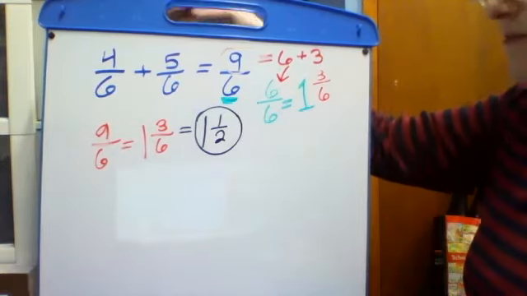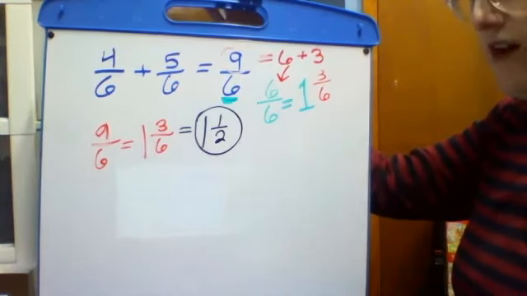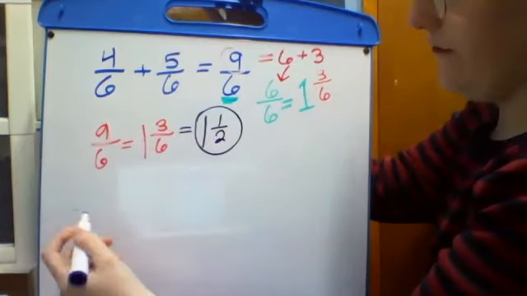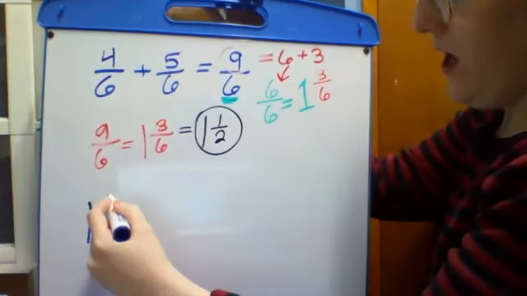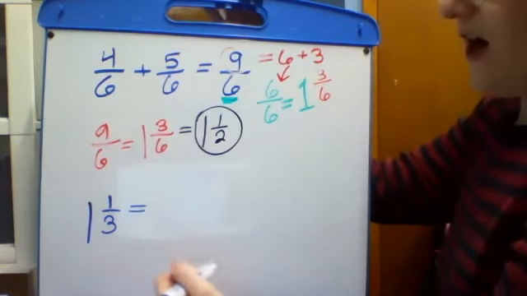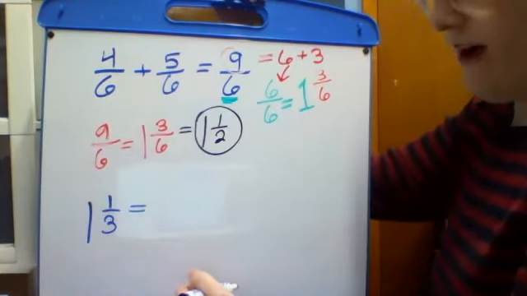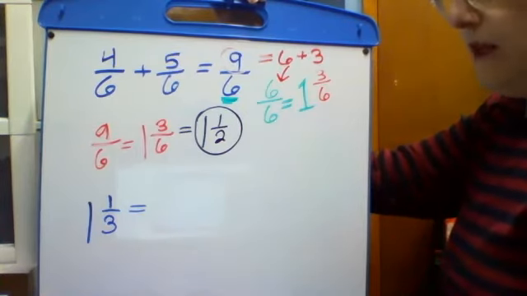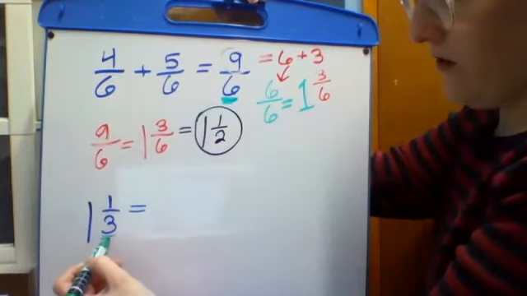Let's try doing this backwards. What if I give you a mixed number? Let's say I have 1 and 1/3. And I want to change that to an improper fraction. Okay, let's think. My denominator tells me how many pieces make the whole.